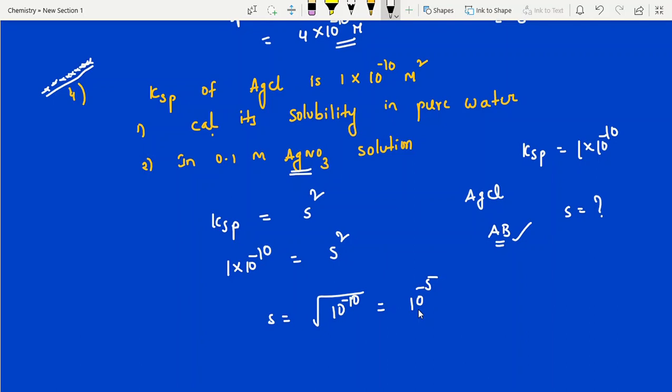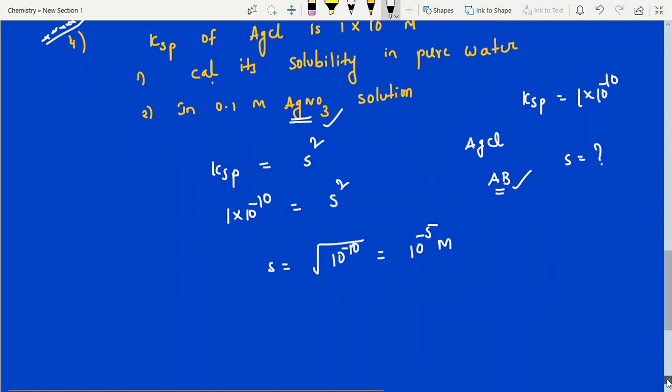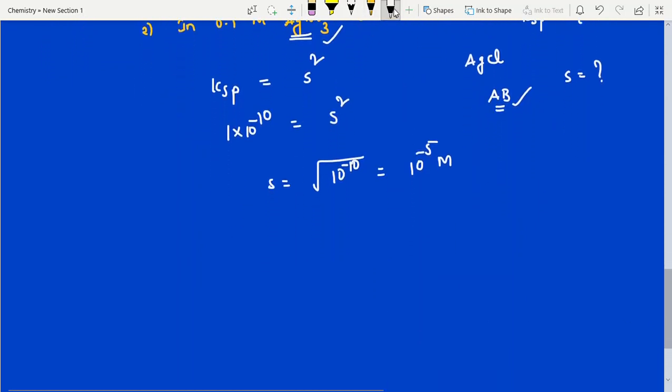So 10 to the power of minus 5 molar. That's it. Now the same solubility product, where can you calculate it, students? In the common ion solution. We'll check whether it decreases or increases, and why it decreases also we will discuss.